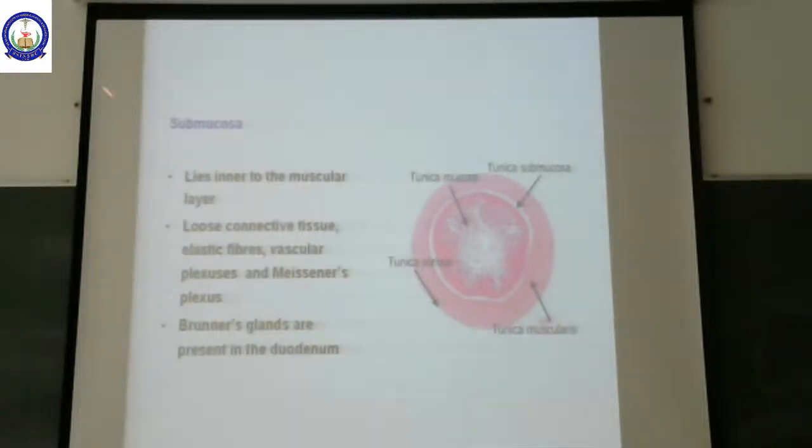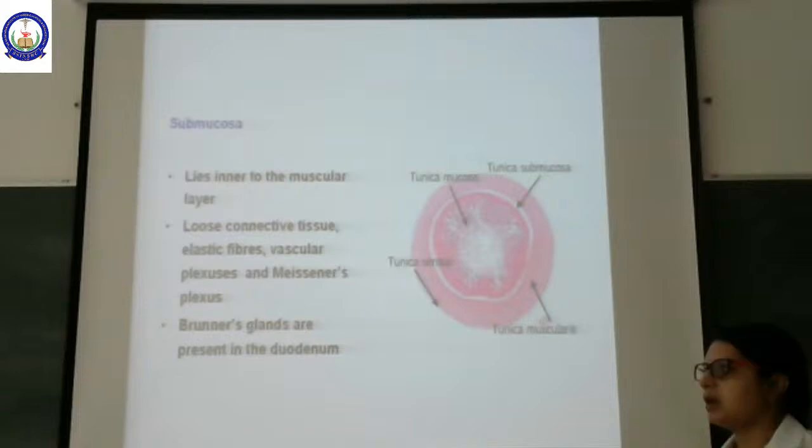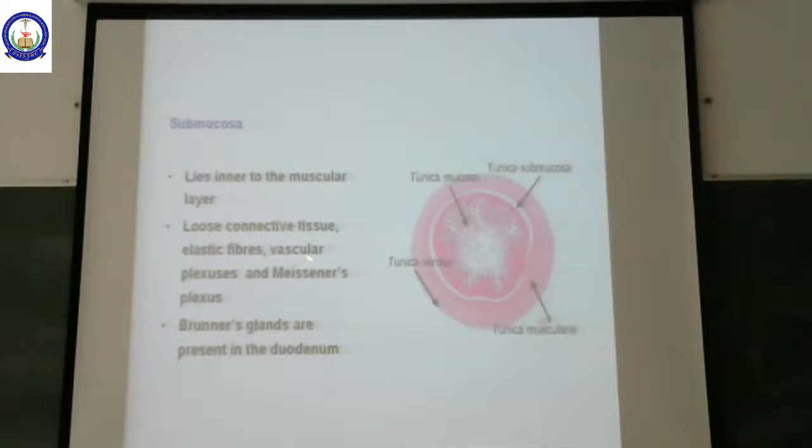Submucosa lies inner to the muscle layer. From the outermost to inside, we have discussed the serosa and the muscularis layer. Now the submucosa is mainly made of connective tissue, elastic fibers, the vascular plexus, and one more important structure, nerve fibers, called the submucosal plexus. The plexus means a connection of nerve bundles.